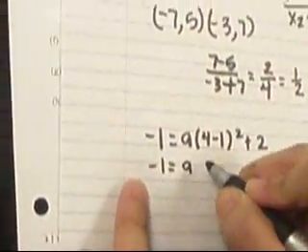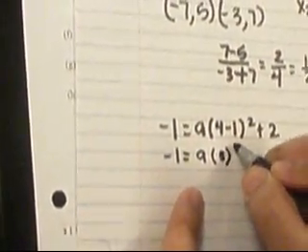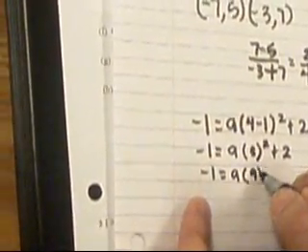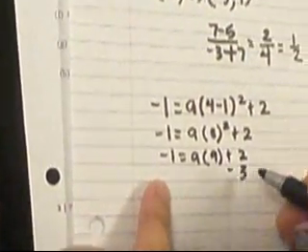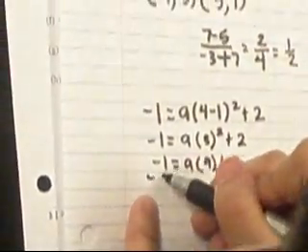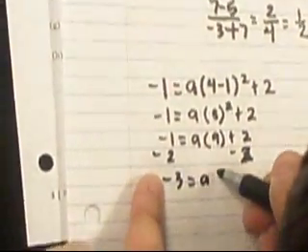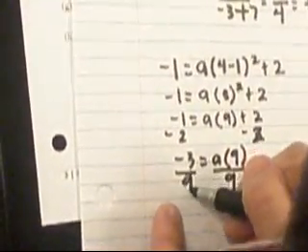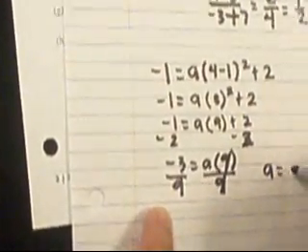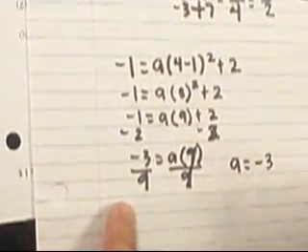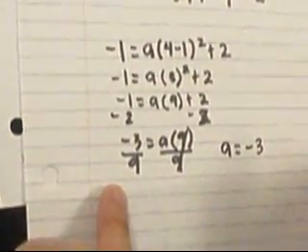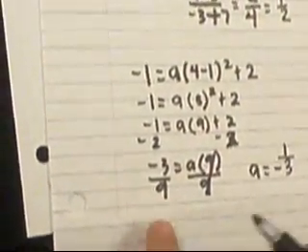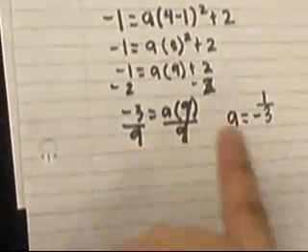And then I just solve for A with basic algebra. I would get -1/3 for my A.